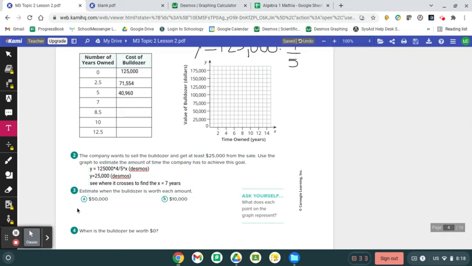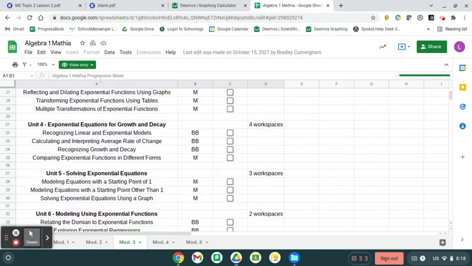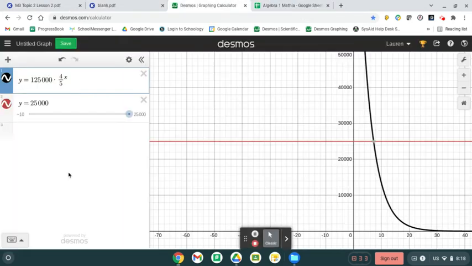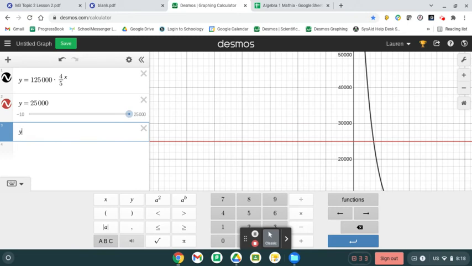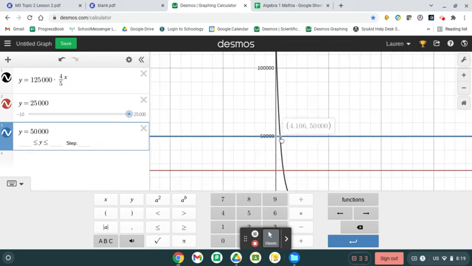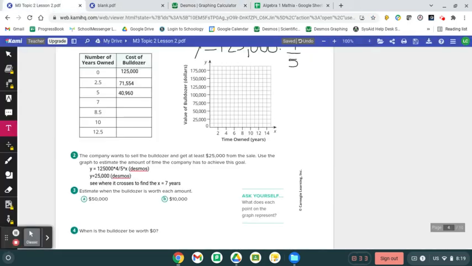And then here it says estimate the bulldozer's worth for each amount. So now we want to know 50,000, and you could keep all the lines on here. You could do y equals 50,000 and find that one. That's about 4 years.